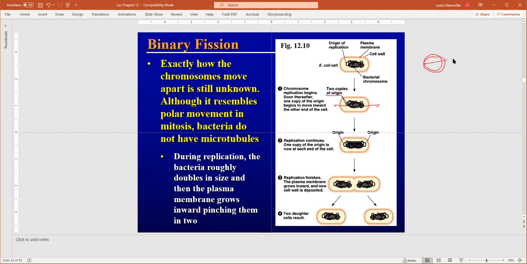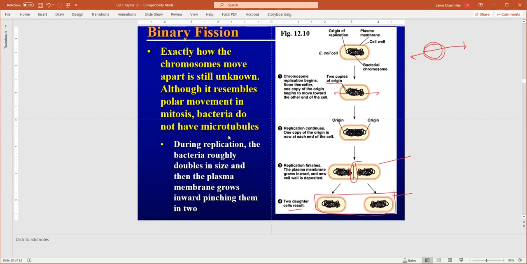So this origin gets folded over here. This one ends up over here. And then the membrane grows inward. Remember, they don't have cytoskeleton. So exactly how this works is not really well known. And then they end up with two daughter cells. So a lot of studies should be done on this. I think it will be helpful in fighting bacterial infections in the future.